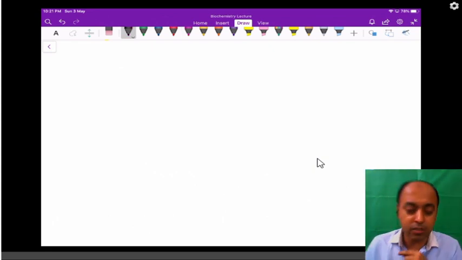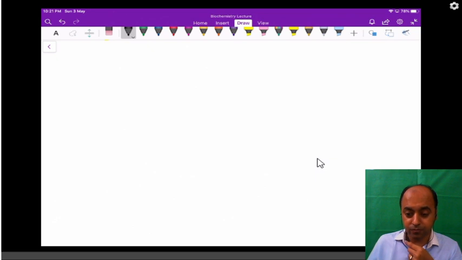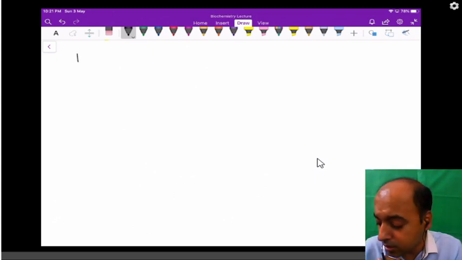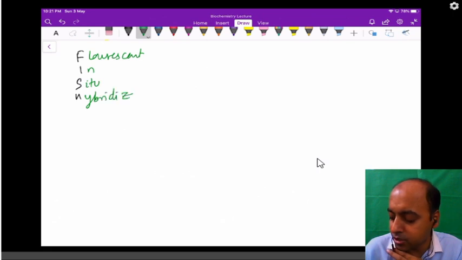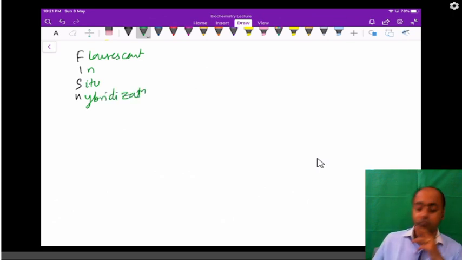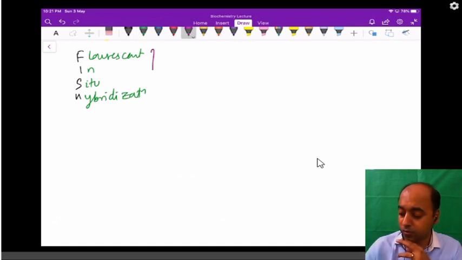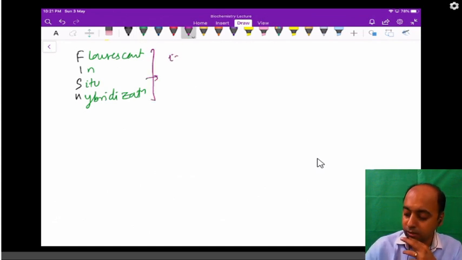Okay, this is about the polymerase chain reaction that you must know. There are few other terms that I want you to be introduced to. First is FISH. FISH stands for fluorescent in situ hybridization. What does it do?